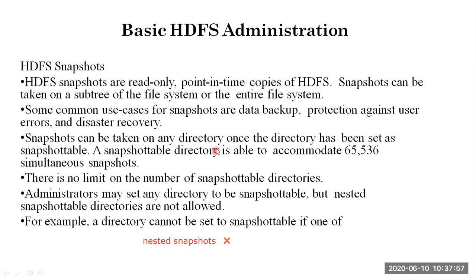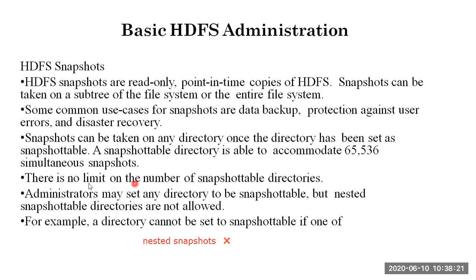Snapshots can be taken on any directory that has been set as snapshottable, and it can accommodate a number of snapshots. It is given 65,536 simultaneous snapshots. But this number is not fixed. It varies with your configuration and your system.